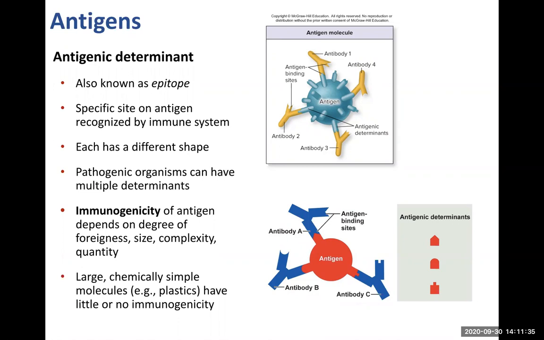If something is very small, it tends to not be antigenic. If an entity like a protein or a polysaccharide has a lot of repetition to it, it tends to not be antigenic. Plastics, for example, are polymers.